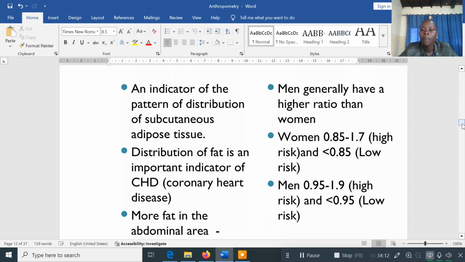Let me start with a lady having a waist circumference of 32, then a hip circumference of say 40. When you get their waist to hip ratio, it will be 0.8.